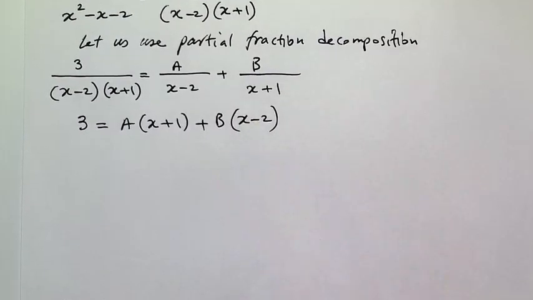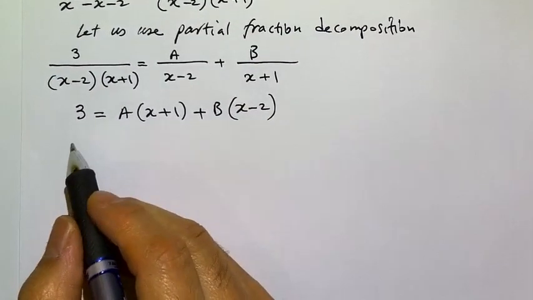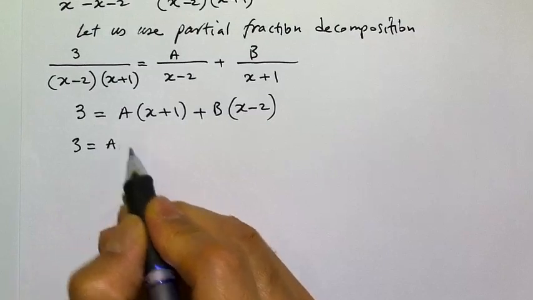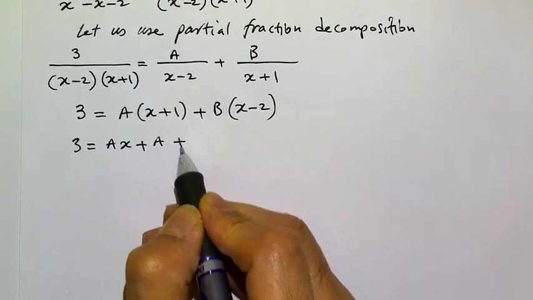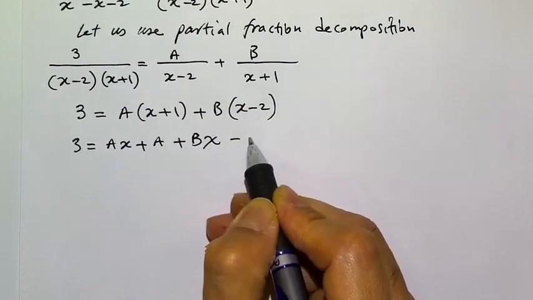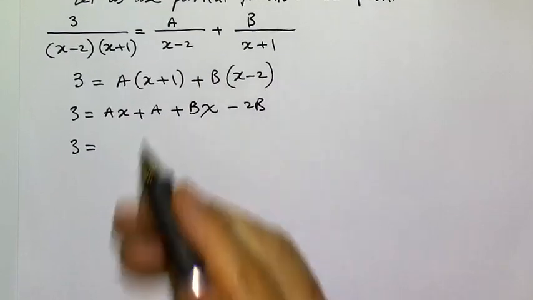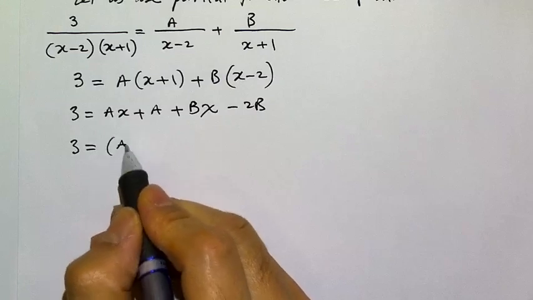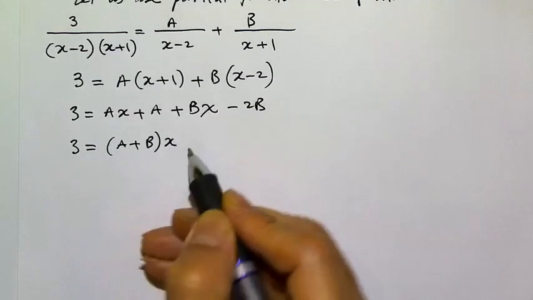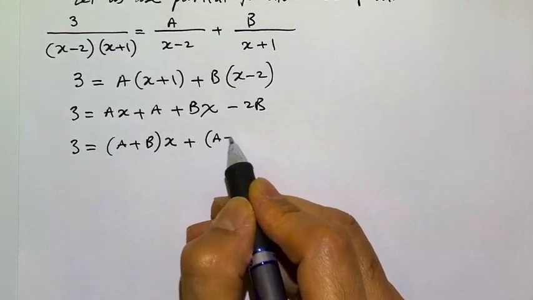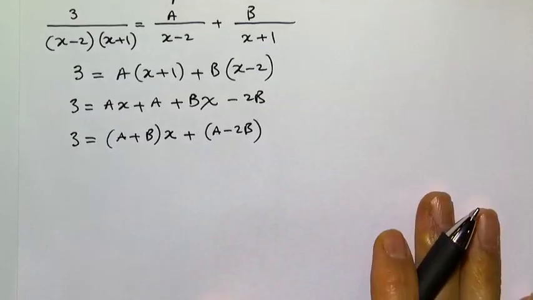I'm going to go a little bit quicker here because you've seen this material before. So we have 3 equals that. And then we have a plus b times x plus a minus 2b.